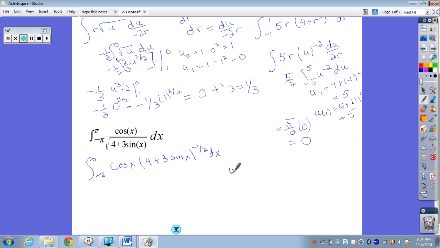I'm going to let u be my inside, and now we can see that because we have an exponent of a negative 1/2, 4 plus 3 sine of x is my inside. Take the derivative, and we get 3 cosine x, and then I'm going to solve for dx, which is du divided by 3 cosine x.